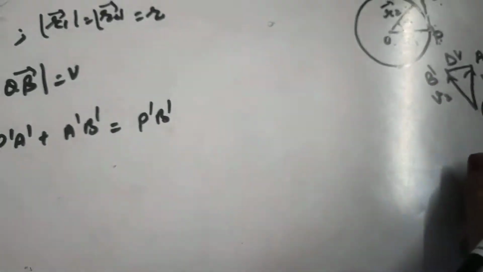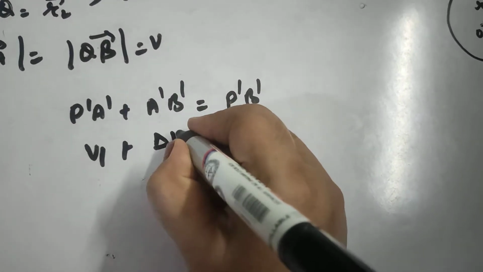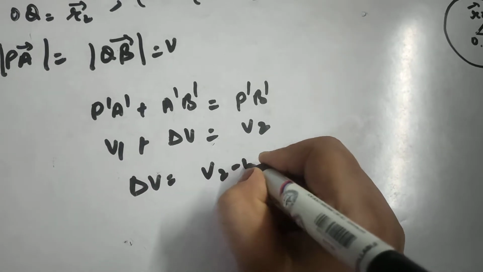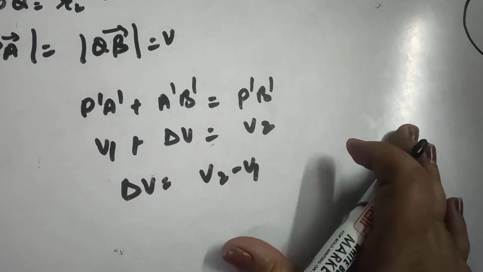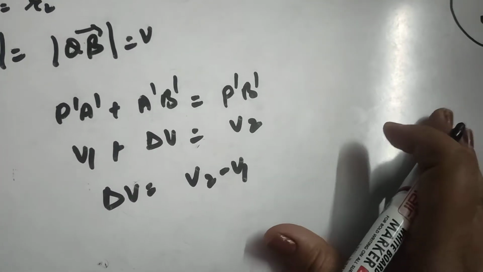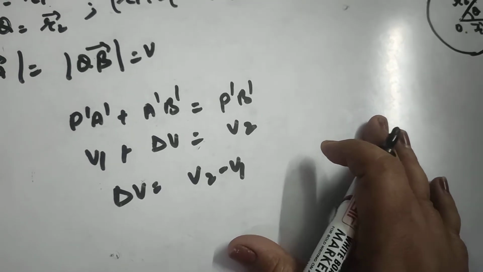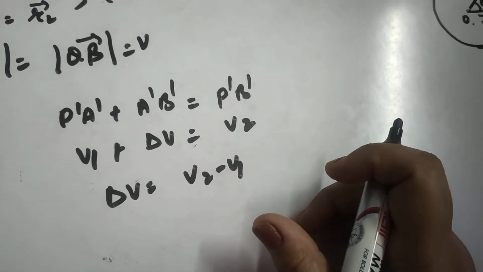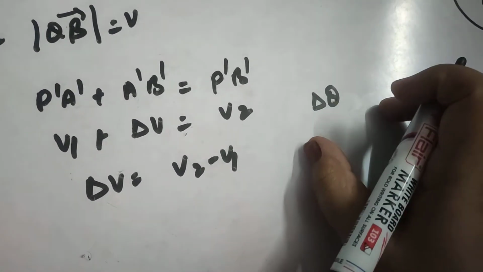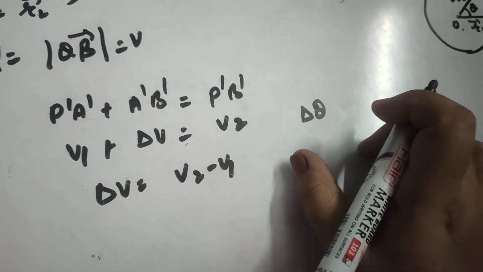Now, P dash A dash is v1, so v1 plus delta v is equal to v2, or delta v is equal to v2 minus v1, which is the change in velocity of the particle when it is moving in a circular path. Now we can find the acceleration if we know the relation for delta theta. Delta theta is the arc length upon radius.